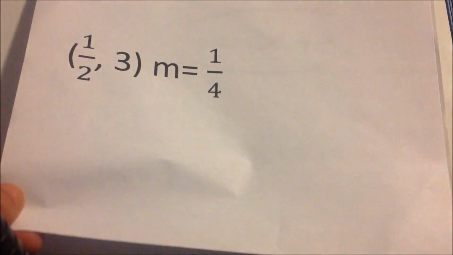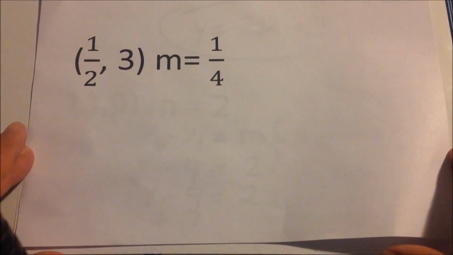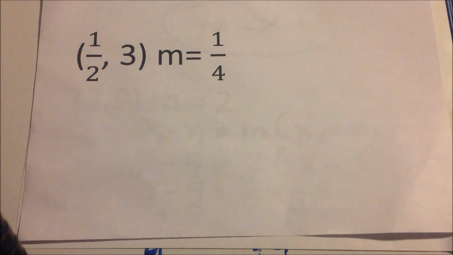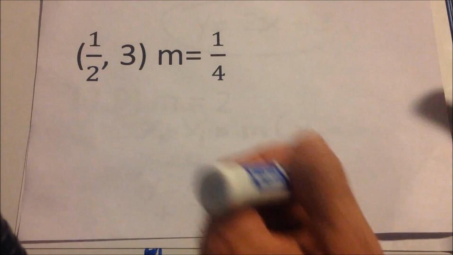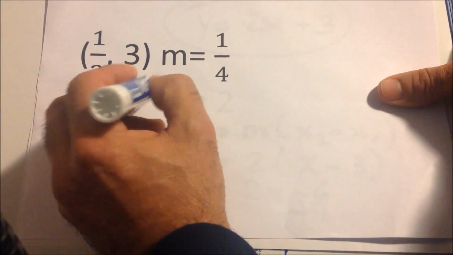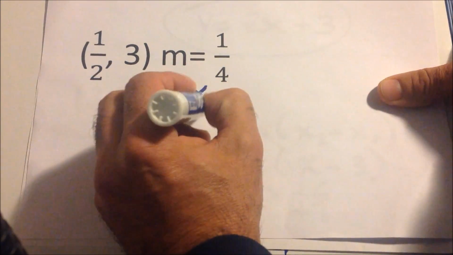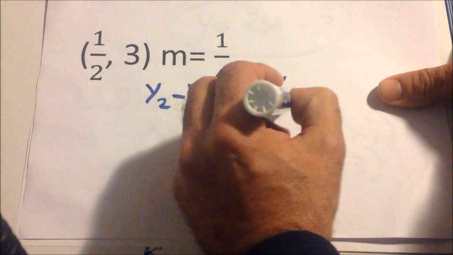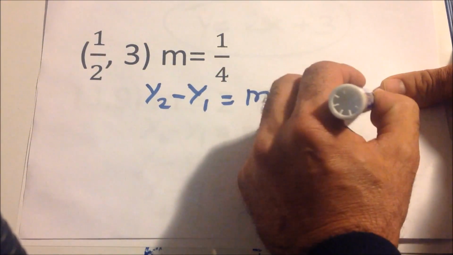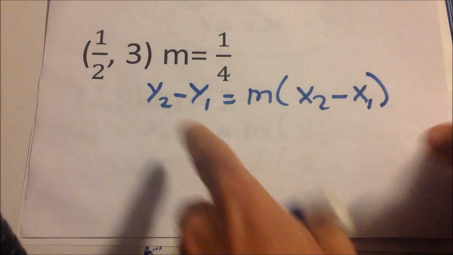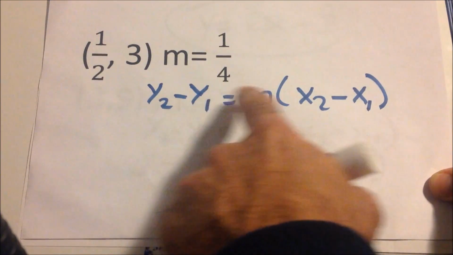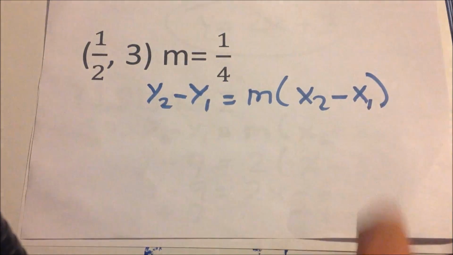So let's do one more. See if you can do this one now. It's a little harder because there's fractions, but it's the same concept. See what you get. Again, the formula, we'll just keep writing it so you remember it. Remember, y to y, mx to x.